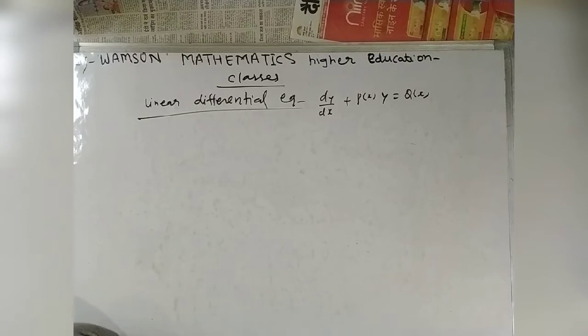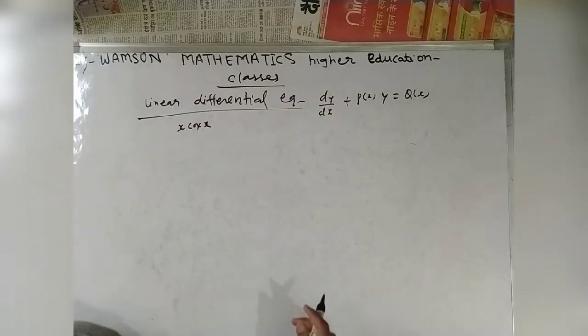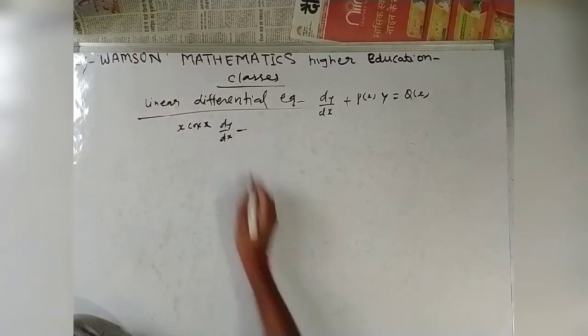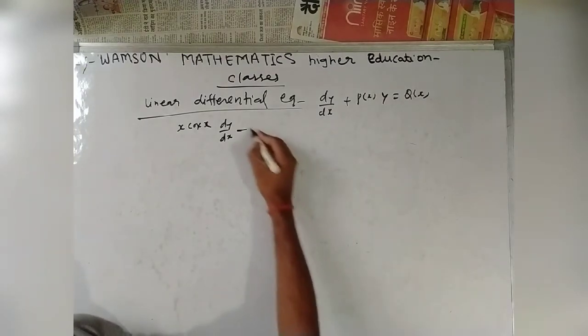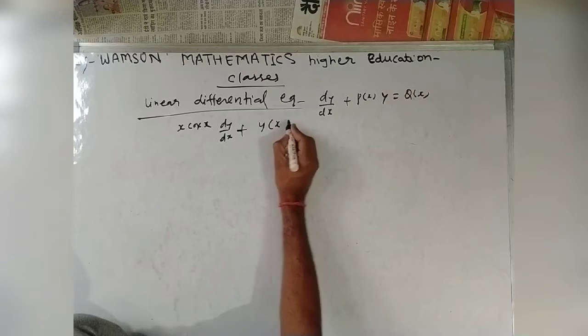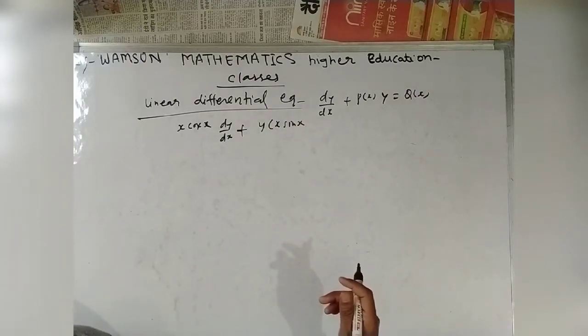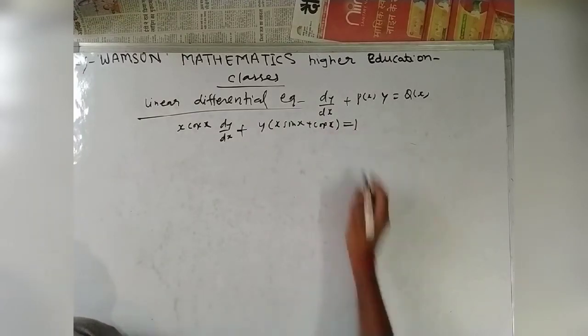The example is x cos x dy by dx plus y into x sin x plus cos x is equal to 1.